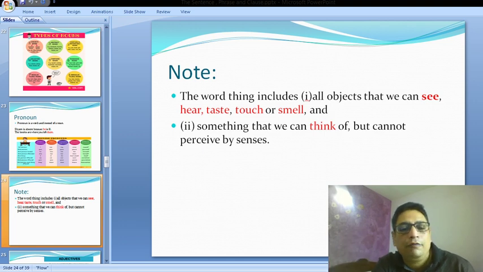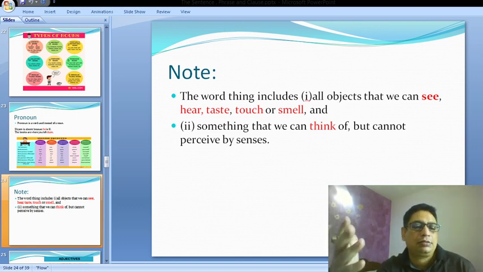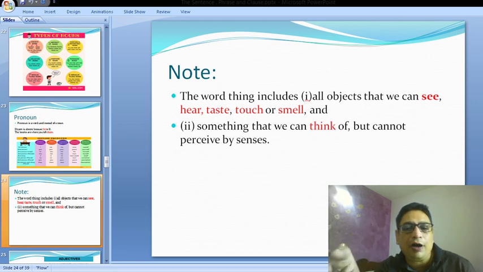Now colony. What do you mean by colony? Colony is a place where the same type of different individuals stay. Not only human beings, it can be a colony of ants, it can be a colony of bacteria. Class is a group of students belonging to the same age group maybe. A bunch of grapes is a group of grapes put together. So these are collective nouns.